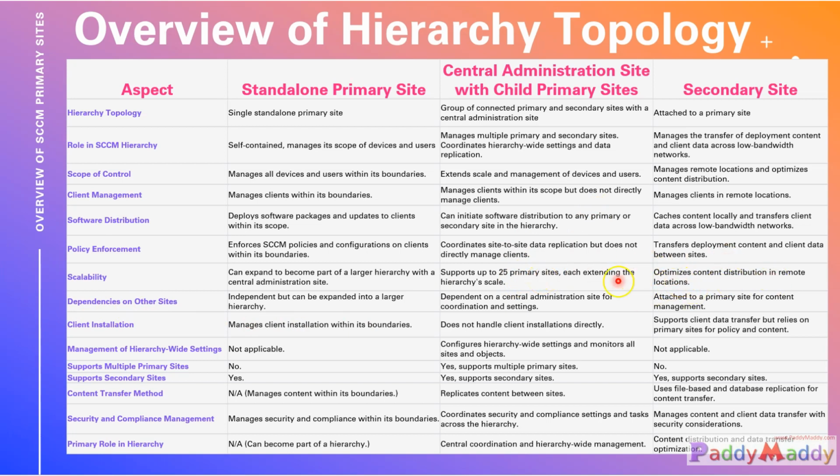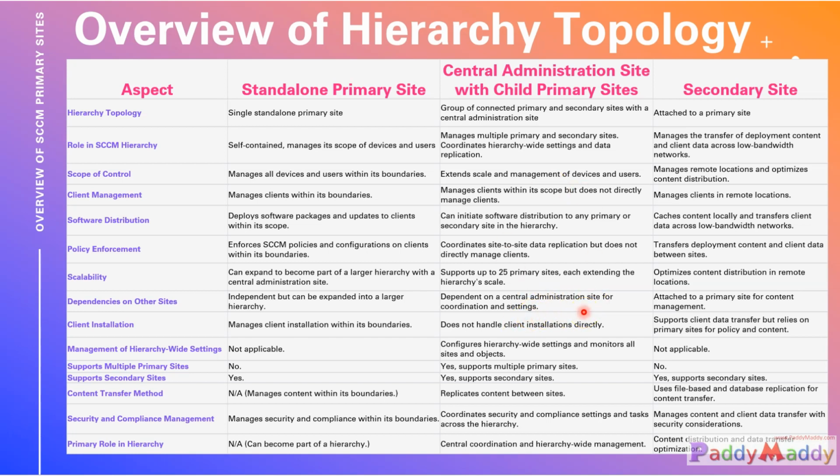That's what you could remember: 25 primaries for CAS, add one more zero, and that becomes 250. So each primary site can support 250 secondaries, and the CAS can have 25 child primaries.